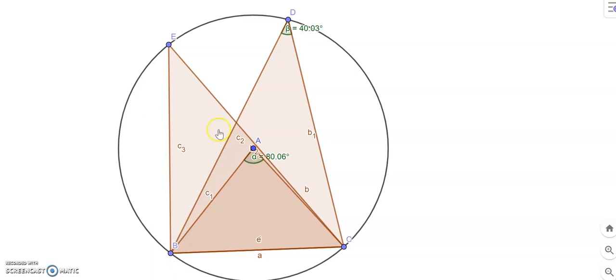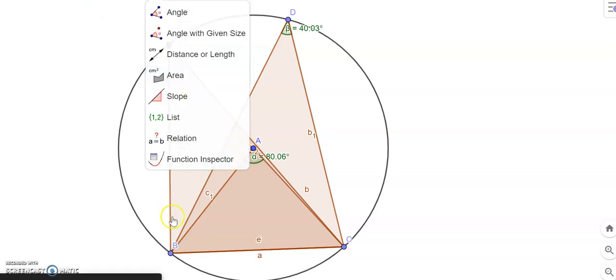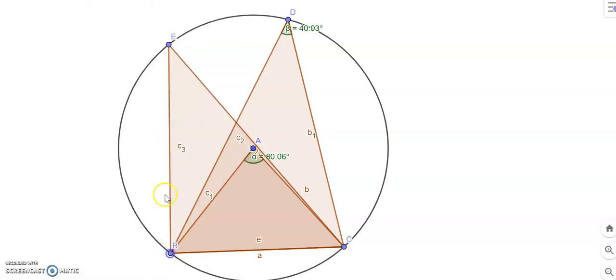Now I have two triangles which are subtended by the same chord to the circumference. Look at the first one here, which we got 40.03. What will be this angle at point E? So if we find the angle at point E, then it will give us another property. At point E, the angle is 40.03.